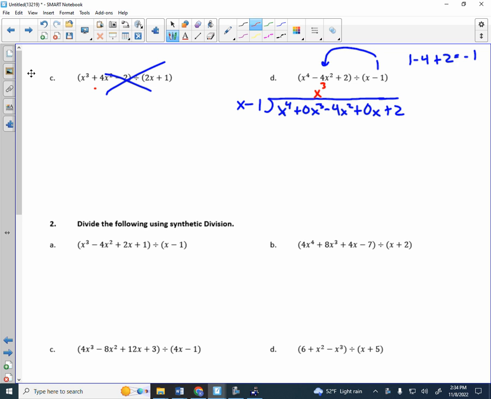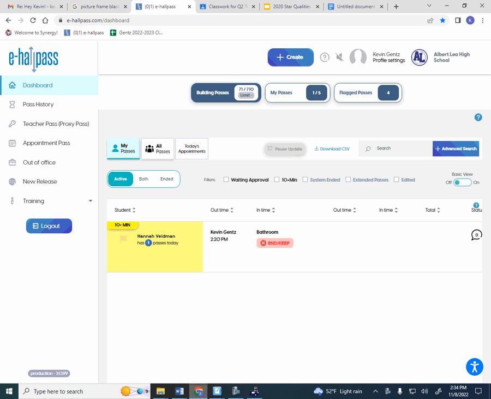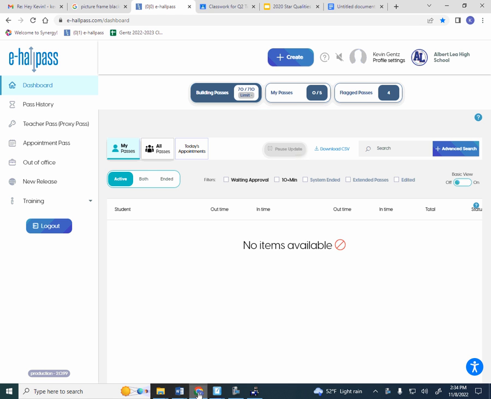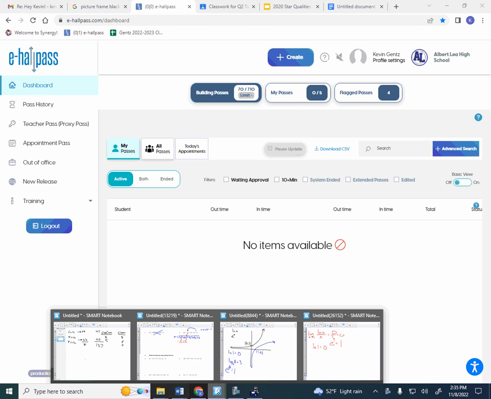X to the 3rd. Multiply that back through, and I get x to the 4th minus x cubed. I subtract: 0x cubed minus negative x cubed, positive x cubed.